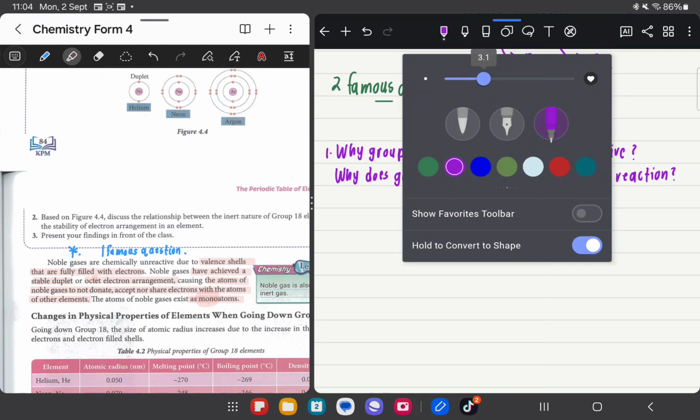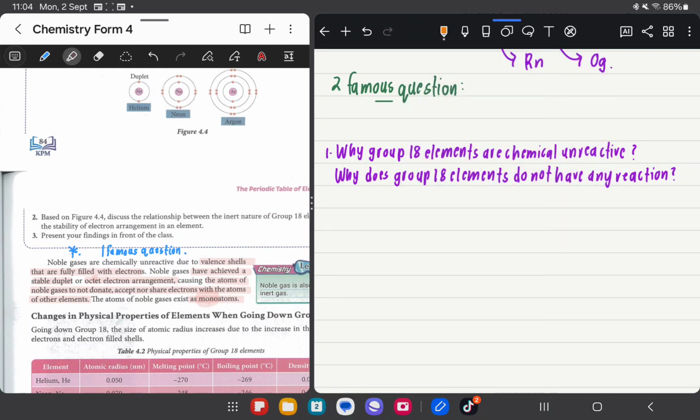Okay. So wait. I'll take the orange colour. Orange or green? Okay, orange. Okay, why? The thing is, elements in group 18 are chemically unreactive or don't have any reaction.